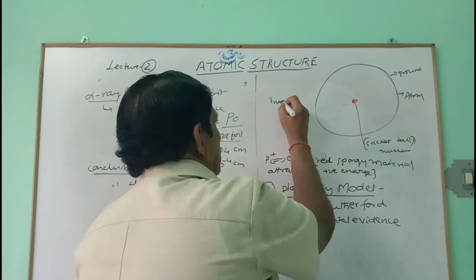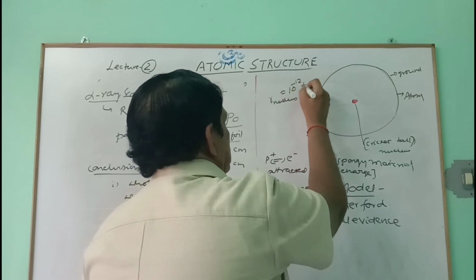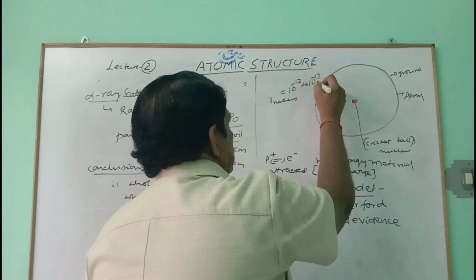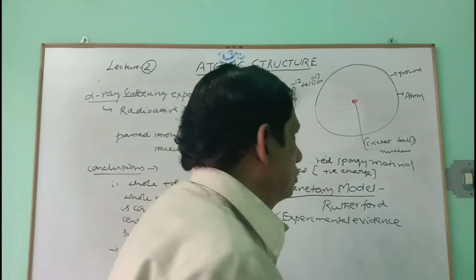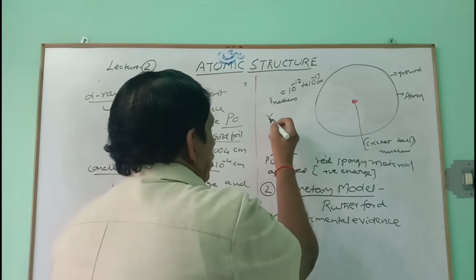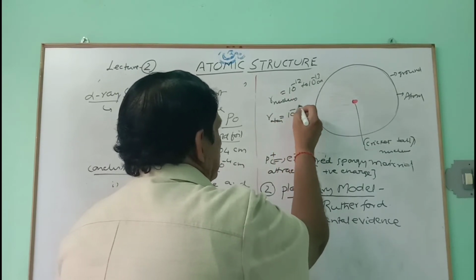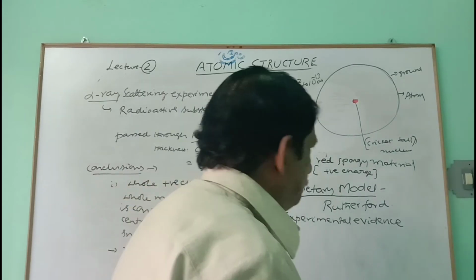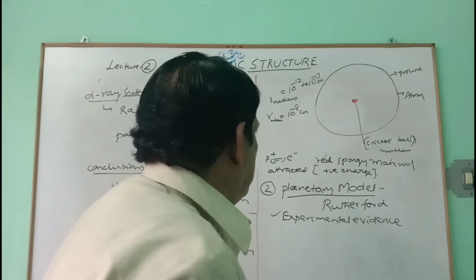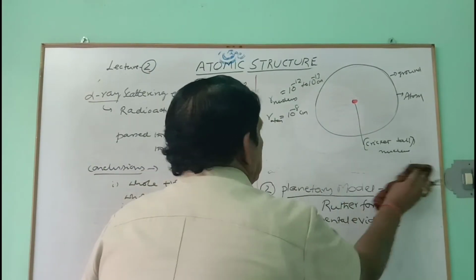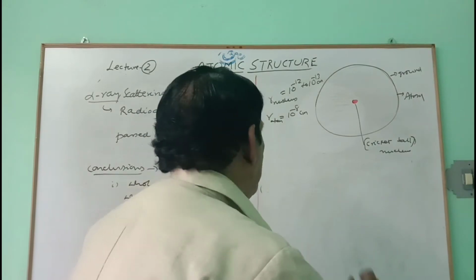Radius of the nucleus is of the order of 10 to the minus 12 to 10 to the minus 13 cm. This is the range of the nucleus. Radius of atom is equal to 10 to the minus 8 centimeters order. Now we can compare these values.